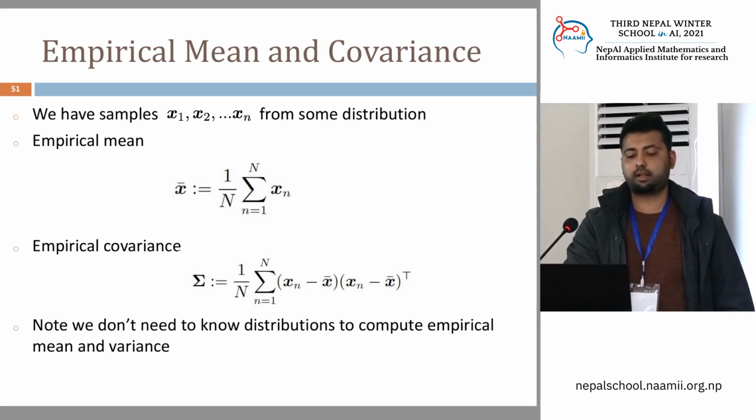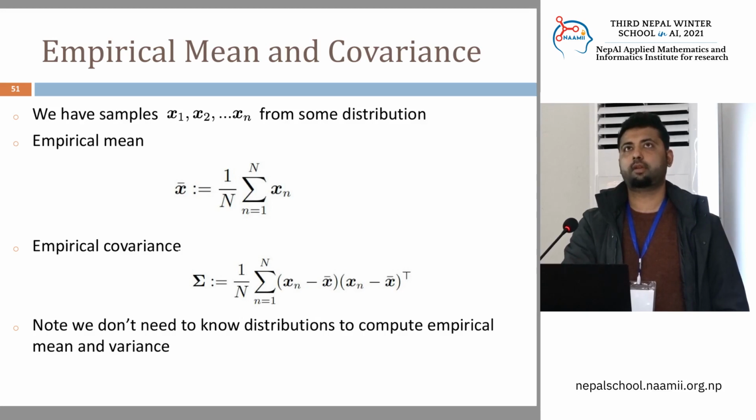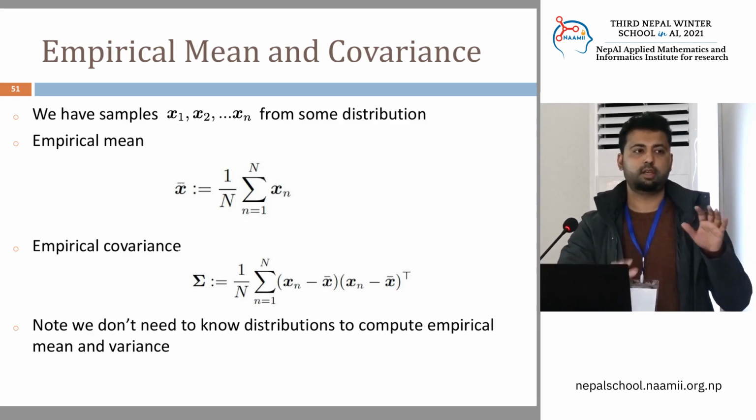Just notice that the covariance of a random variable is a matrix. If x is a d-dimensional vector, then you can think of a Gaussian distribution which has a covariance of sigma, which is a d by d dimensional matrix. When you talk about variance, you talk about how a variable is spreading.